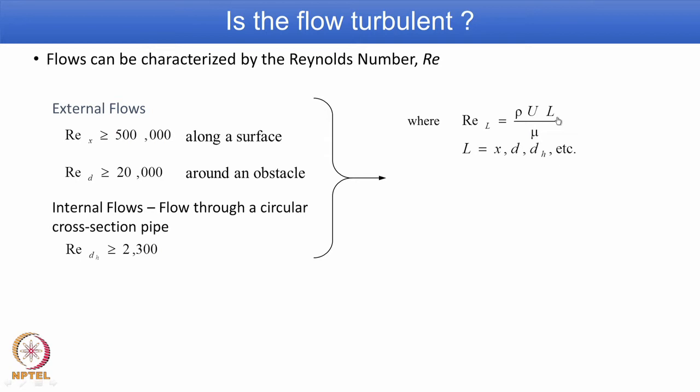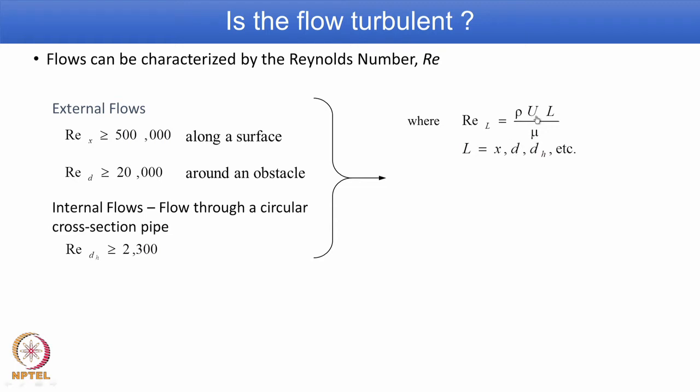If you consider smoke spreading from a cigarette or from an agarbatti stick, then the distance from that origin, wherever you are, becomes a length. The Reynolds number, we know, is the ratio of inertial force to the viscous force. After substituting the formula for inertial force and viscous force, you finally arrive at this formula.